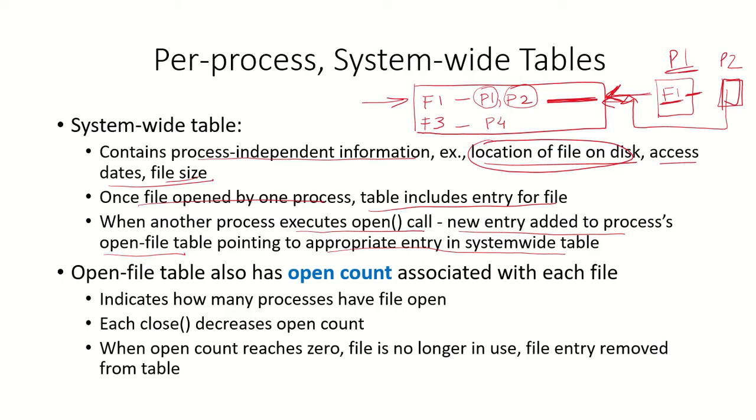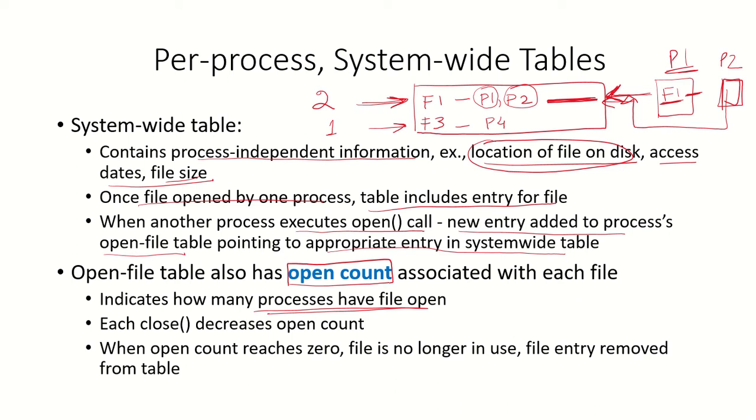Now this open file table also has an open count associated with each file, and this indicates how many processes have the file open. For F1, the open file count is 2 because 2 processes have opened this file. For F3, the open file count is 1.